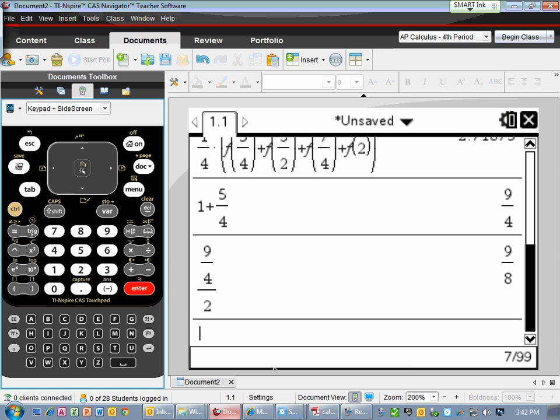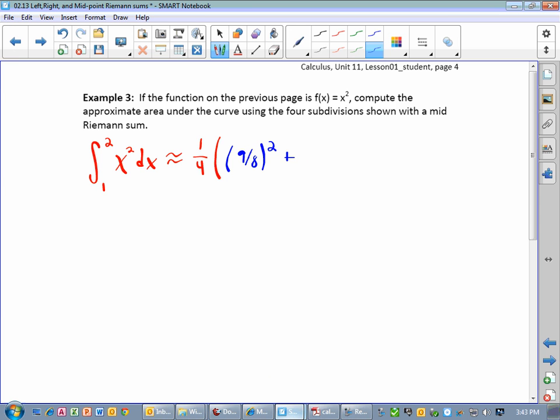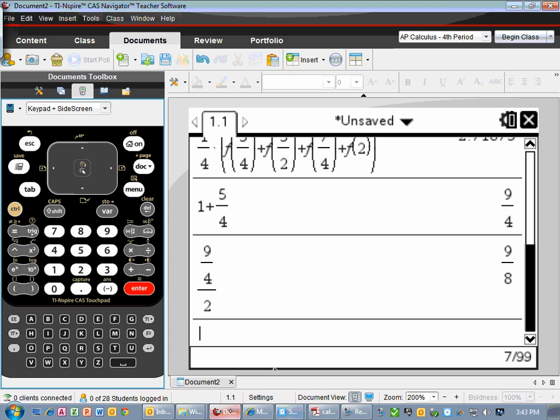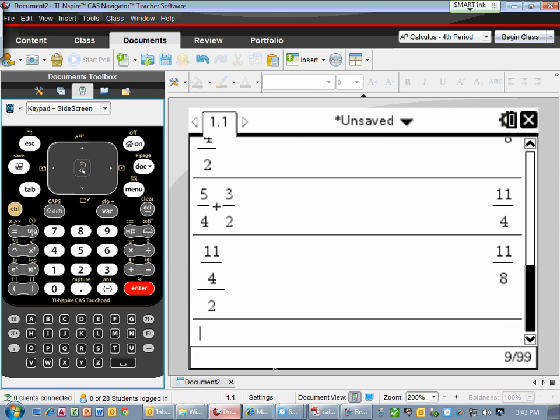So the first one would be 9/8 squared, plus our second one. We want 5/4 plus 3/2. That's 11/4. We'll cut that in half. So we get 11/8.